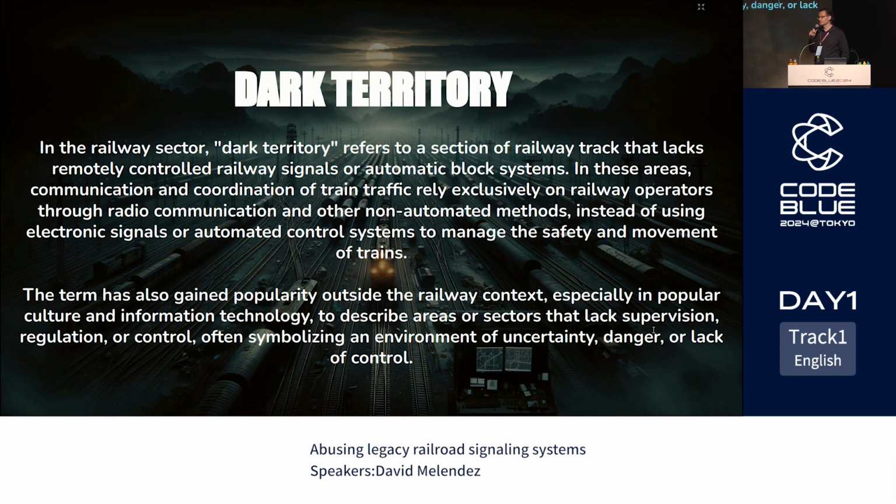So, what about dark territory? We call dark territory in this topic a section of railway track that is out of control of the Central Command and Control Office. I would like to remark that in most cases, not all the railway network is directly connected to a command and control.